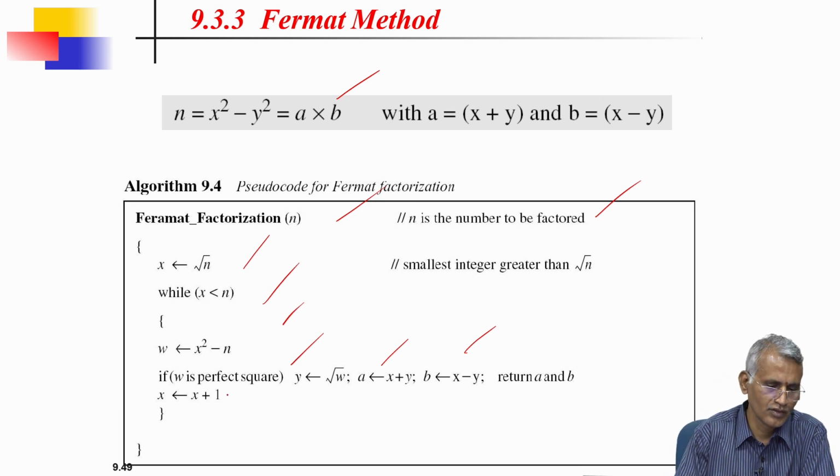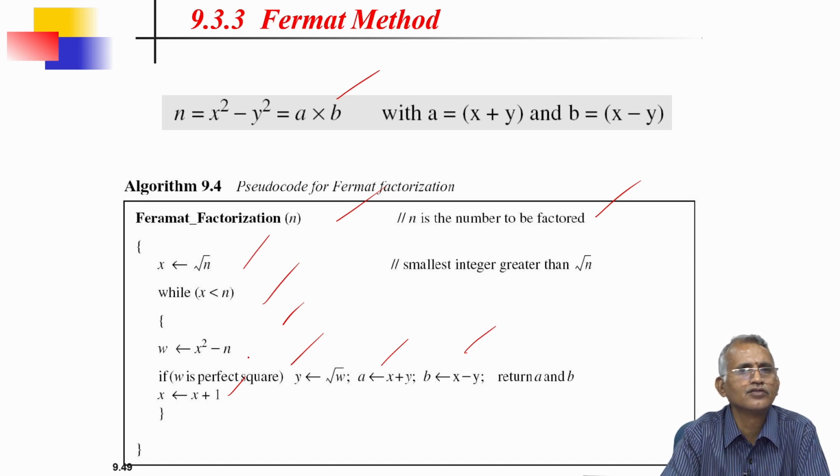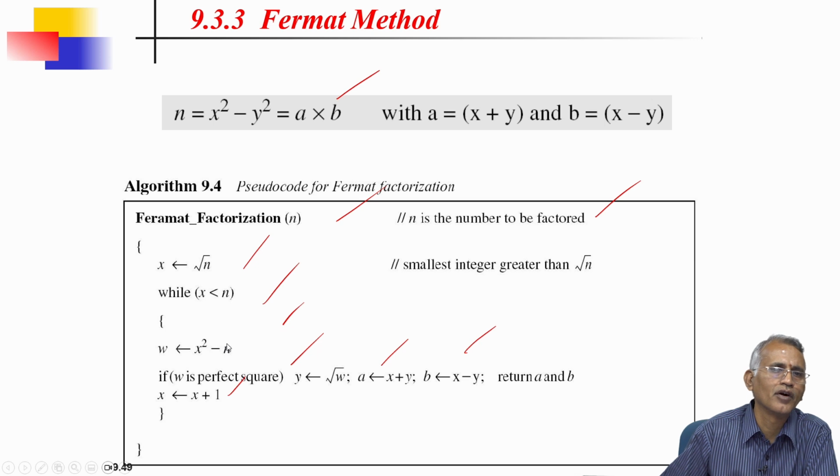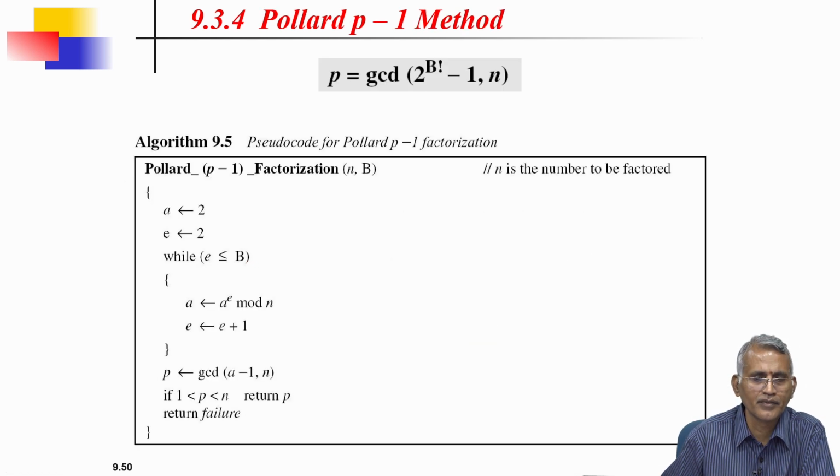Otherwise x equals x plus 1; you have to do the loop formation and find the values, so that you can have the possibilities of pseudocode for the Fermat factorization.